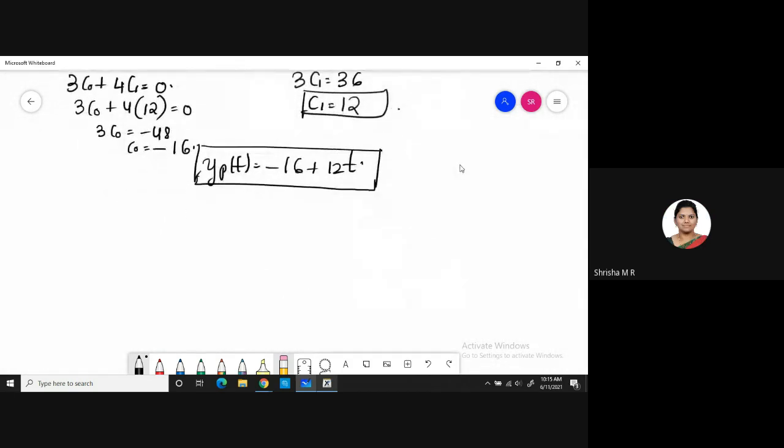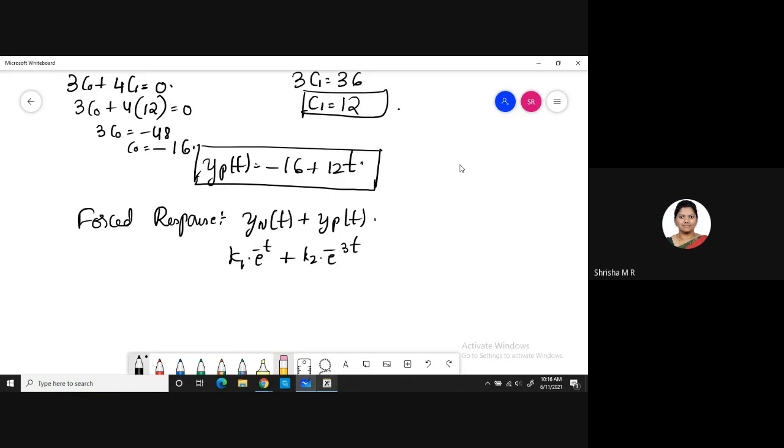Now you find the forced response. Forced response is the summation of natural response plus particular response. So your natural response was of the form k1 into e power minus t plus k2 into e power minus 3t. You should not take the values of k there, whatever you have solved for natural response.